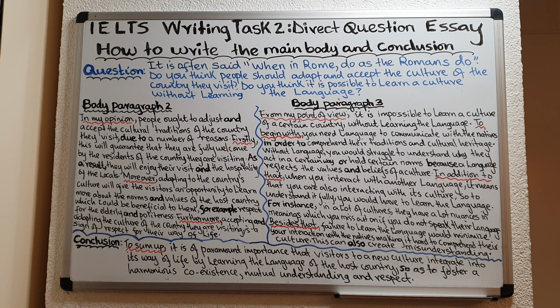The only difference is that the general training students usually get questions that are simpler, and the topics are also easier than for the academic IELTS students. So this particular essay is for both general training and academic IELTS students. Remember, this is going to be a band 9 answer.